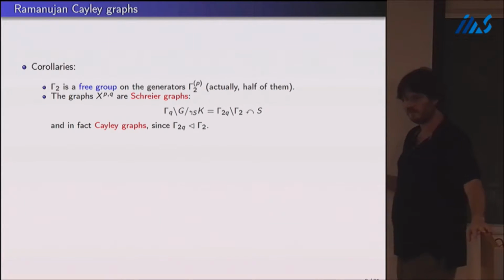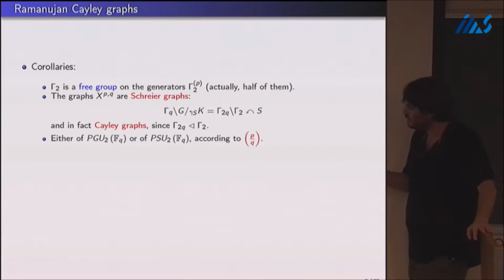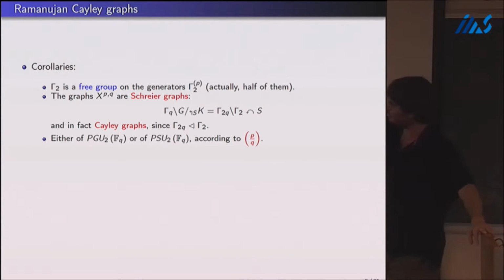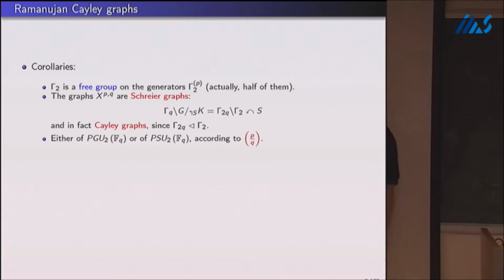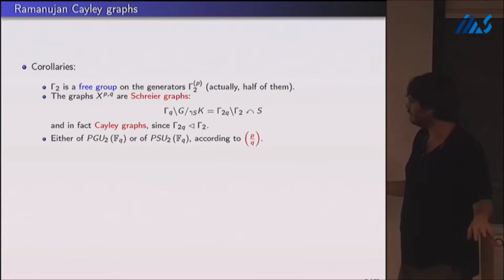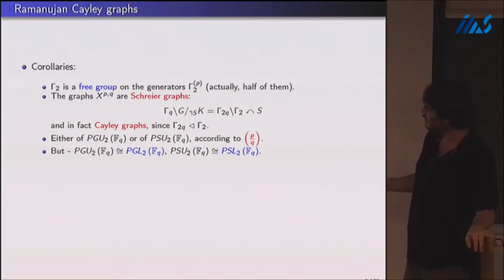And what group is it? It is PGU2(Fq) or PSU2(Fq), according to the Legendre symbol of your p and q. And usually you'll see this in the literature stated for PGL2, because PGU and PGL are the same over any finite field.